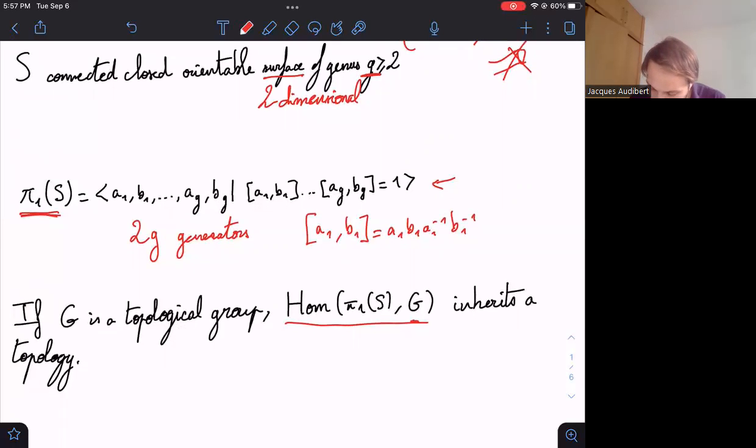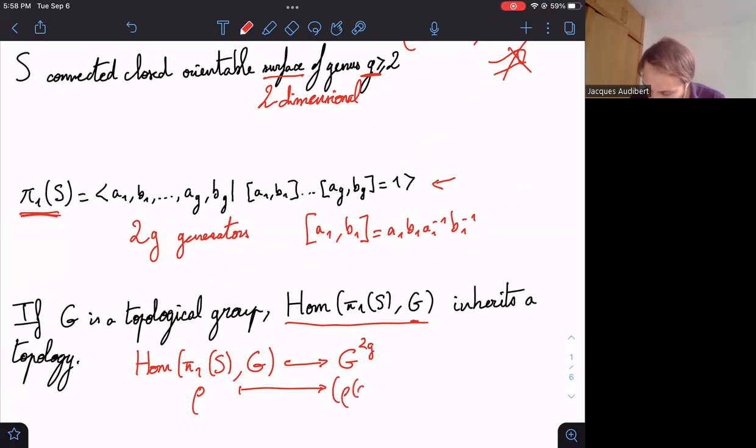And how? So the idea is that we can embed this space into G to the 2g by taking a representation rho and mapping it to rho(A1), rho(B1), up to rho(Bg).